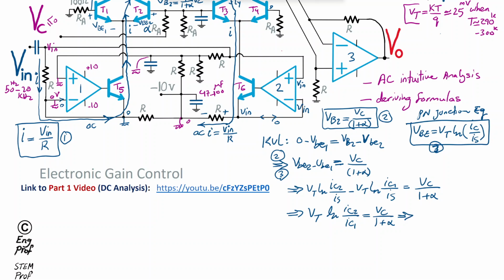One little change that is going to help me is to multiply both sides by a negative sign, and therefore it becomes log of IC1 over IC2. So VT ln IC1 over IC2 is equal to minus VC over 1 plus alpha.